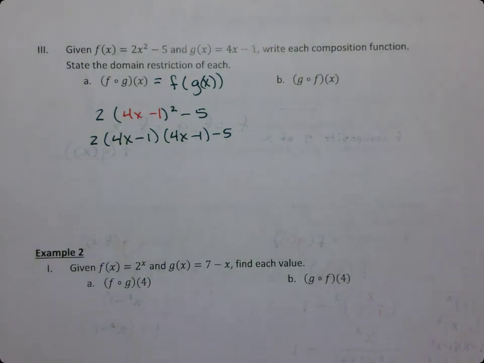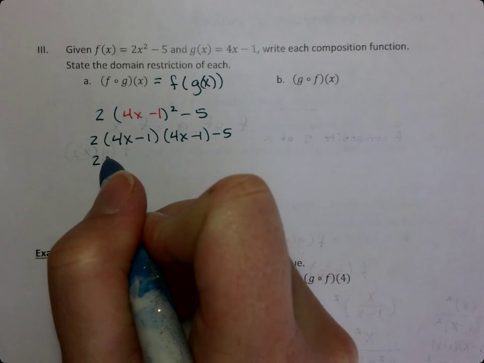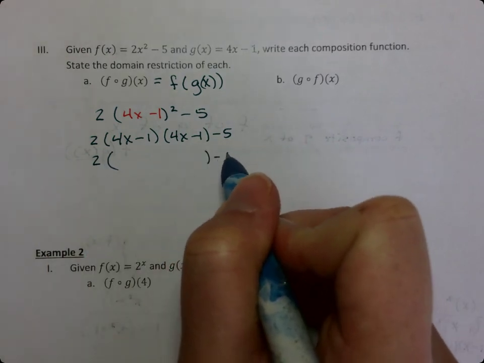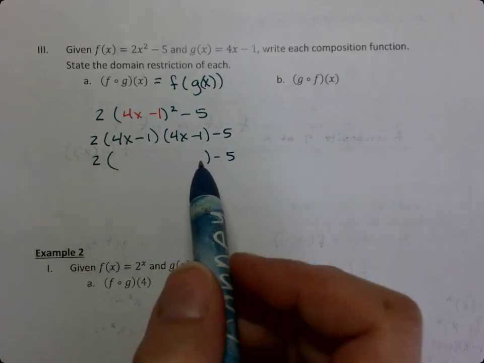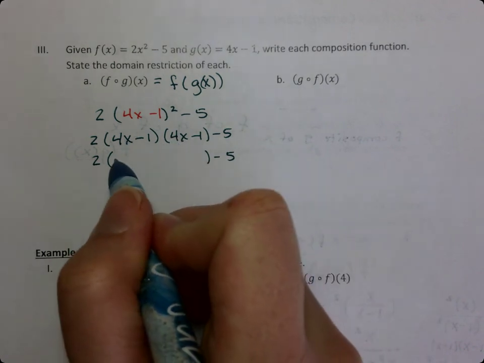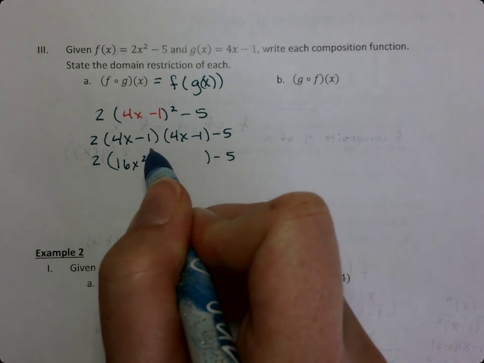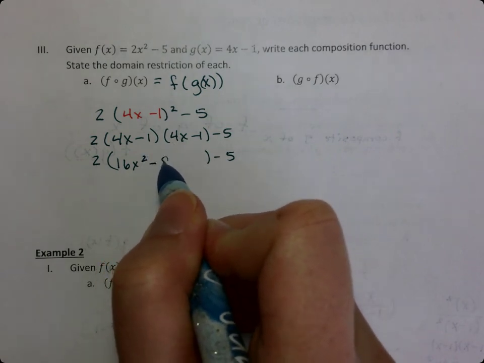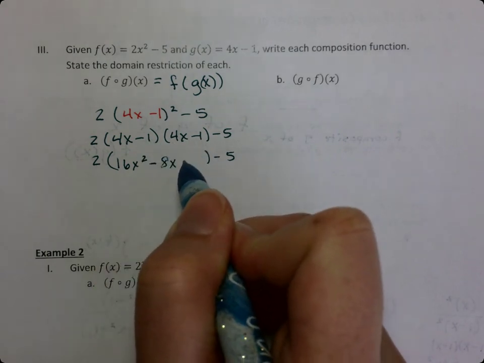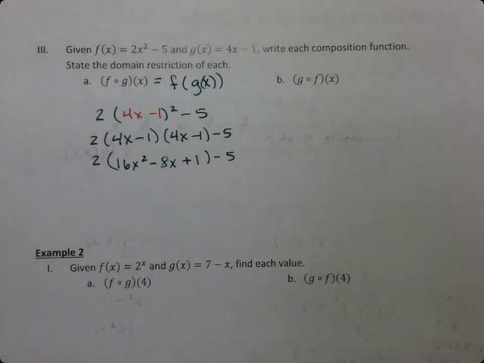It's really what you're comfortable with. I prefer to FOIL first, but notice that I'm keeping my parentheses so I don't lose that too. So this will be 16x squared, and negative 4x and a negative 4x adds up to negative 8x. Negative 1 times negative 1 is a positive 1.